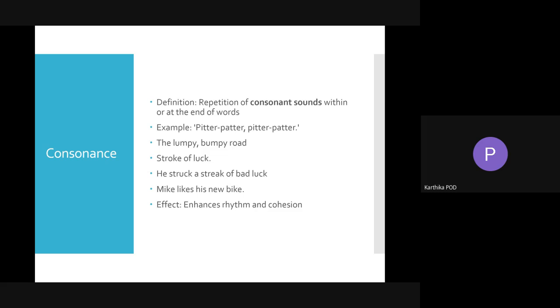Now, stroke of luck. What is the repeated consonant sound there? K sound, yes. He struck a streak of bad luck. What sound?